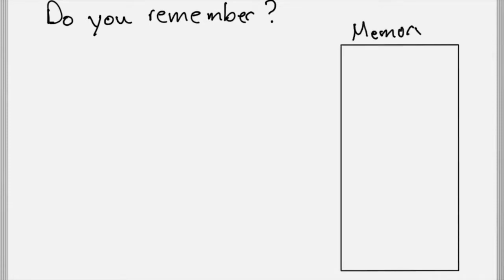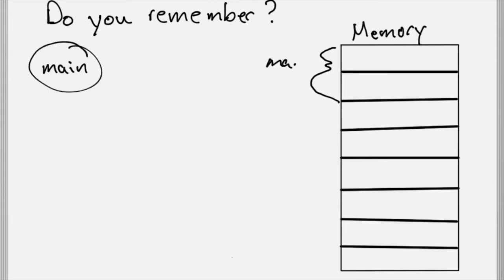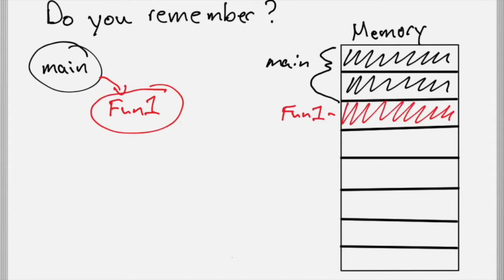Okay, so to begin with, I want to back up to some earlier topics we discussed, specifically the way that functions behave relative to memory. You'll recall that when a function begins to execute, it gets a chunk of memory called a stack frame where all of its local variables live. And as functions are called, additional stack frames are created where those functions have their variables.